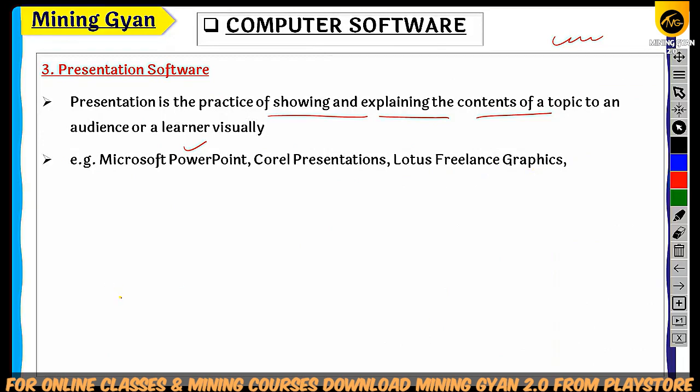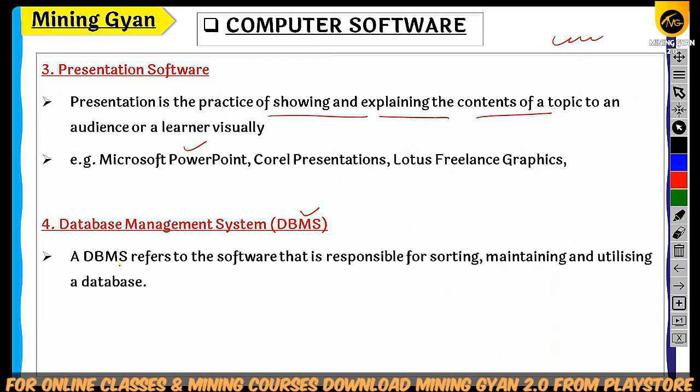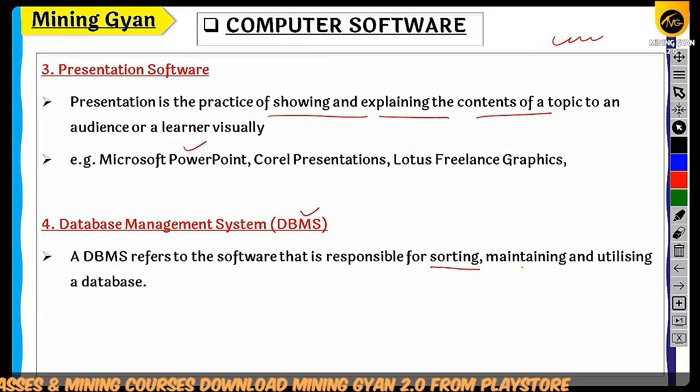The last general purpose software is the database management system, also known as DBMS. A DBMS refers to the software that is responsible for storing, maintaining and utilizing a database.